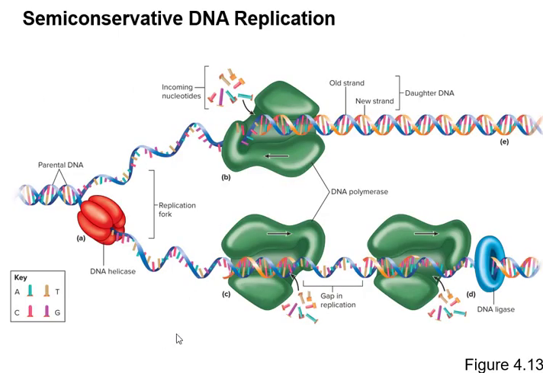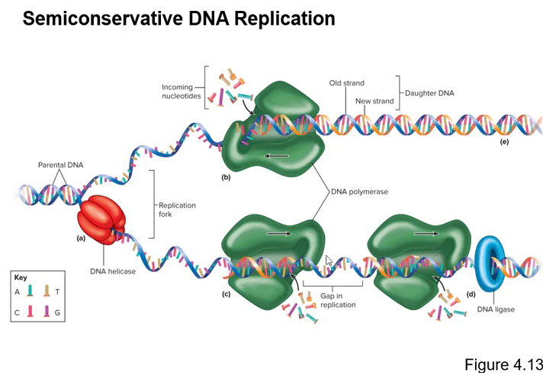So here's a kind of a cartoon summary of the whole thing. So here's your DNA, and you're going to have a DNA helicase, which is going to pull the two strands apart. And then you have room for the DNA polymerase to come in, and it's going to be reading and making a double strand.